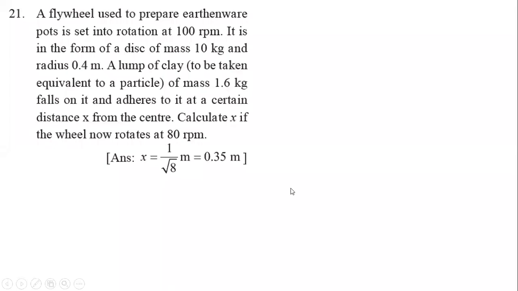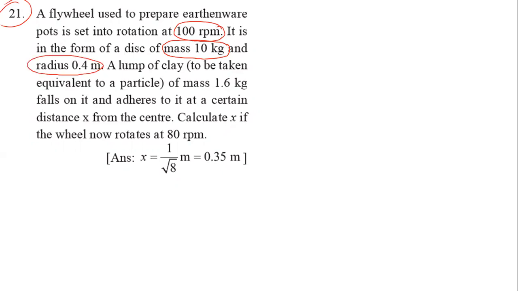Now the next problem we have to see is problem number 21. Let's see what they give. A flywheel used to prepare earthenware pots is set into rotation at 100 rpm. This is the frequency they gave. It is in the form of a disc of mass 10 kg and radius 0.4 meter.